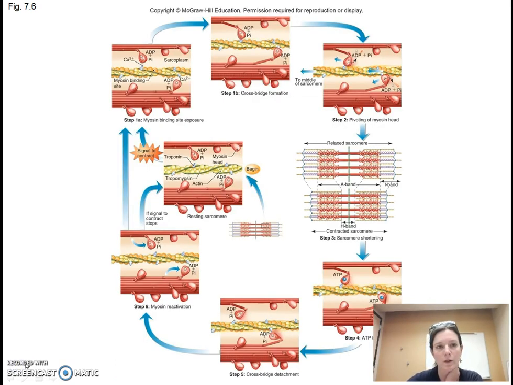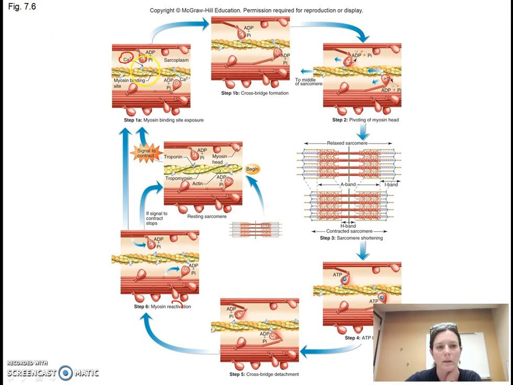All right, and we're going to use this figure to show what happens in the sarcomere once that calcium is released. So here at the top in this figure, way up here, is the calcium that came out of the sarcoplasmic reticulum.